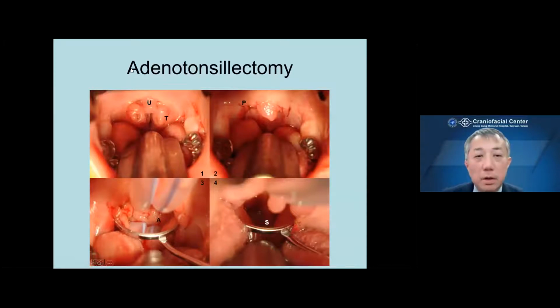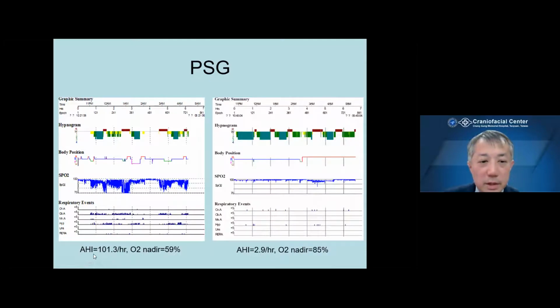So the only thing we can do is the adenotonsillectomy for him. And after the removal of the obstructing structures, he can regain a good sleep, from an AHI of 101 to an AHI of 2.9. Although the AHI doesn't come back to normal, because normal AHI for a child should be less than 1.